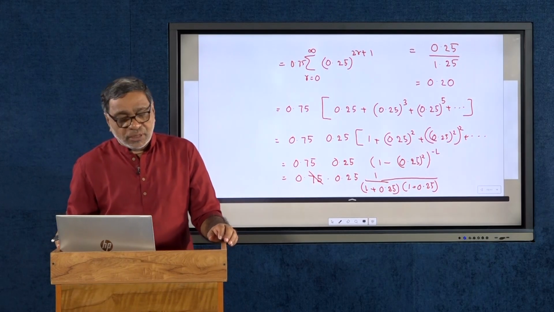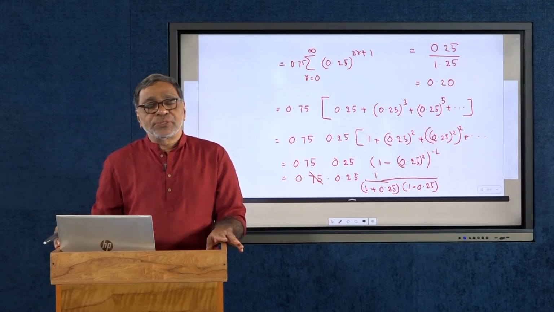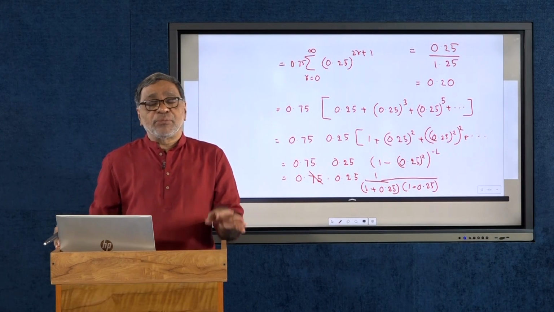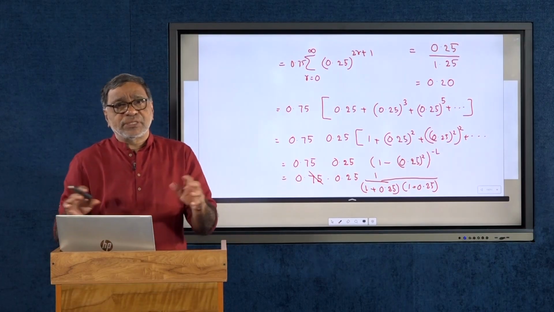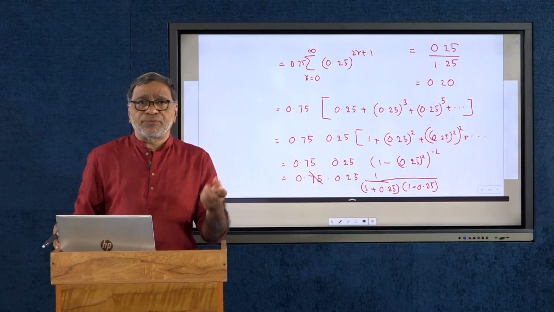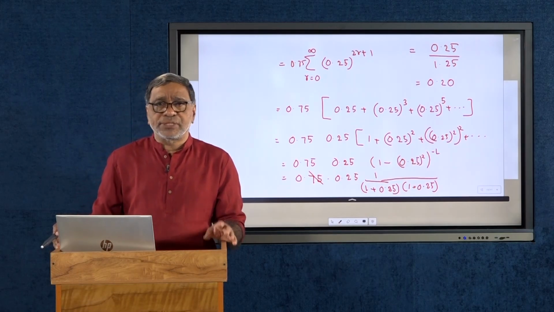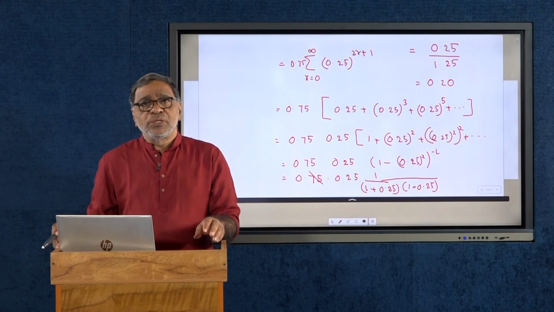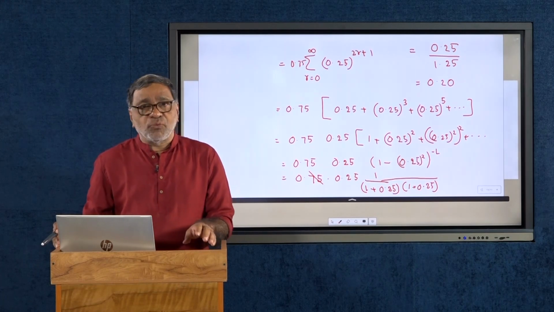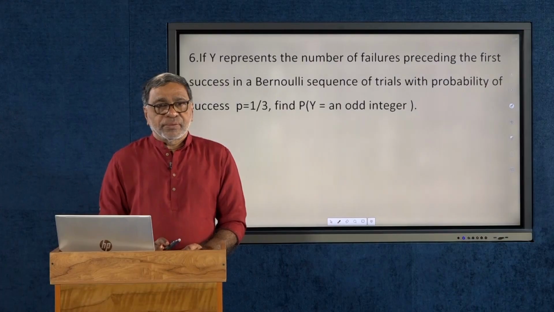If x and y are two independent geometric random variables having the same parameter, generally we can have the parameter p, but here we have the value p equal to 0.75, and so the probability of x greater than y is 0.25.